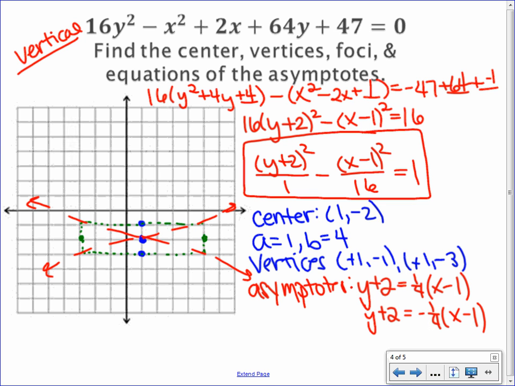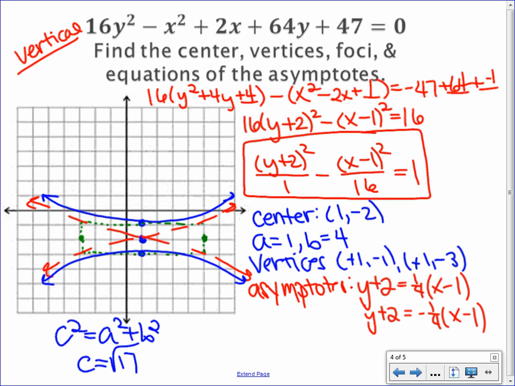Now, what are we missing? Well, we need our curve. So just approach those asymptotes, but then we're also missing foci. C squared is a squared plus b squared. What is a squared plus b squared? So c is the square root of 17. So our foci, we're going to move from our center vertically. So 1 and then negative 2 plus or minus the square root of 17.